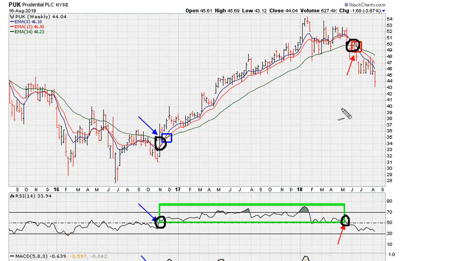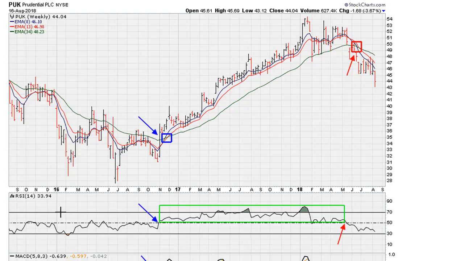Either way, you have a chance to ride this move from about 34 to the highs here of about 50, and that took about a year and a half. Now this is great for those who have patience and don't have the luxury of watching the market moment to moment. They can buy based on long-term signals and wait to sell down the road when the conditions change.